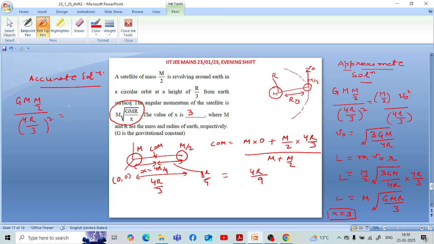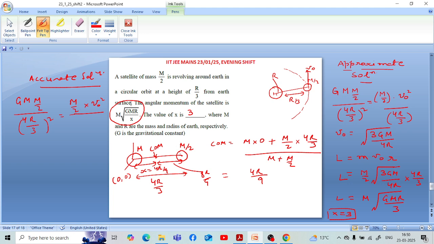Now this is equal to the centripetal force, which is given by the mass of the satellite into the orbital velocity square, divided by the distance between the center of mass and the satellite center. The important point here is that this satellite is now moving with respect to the center of mass.